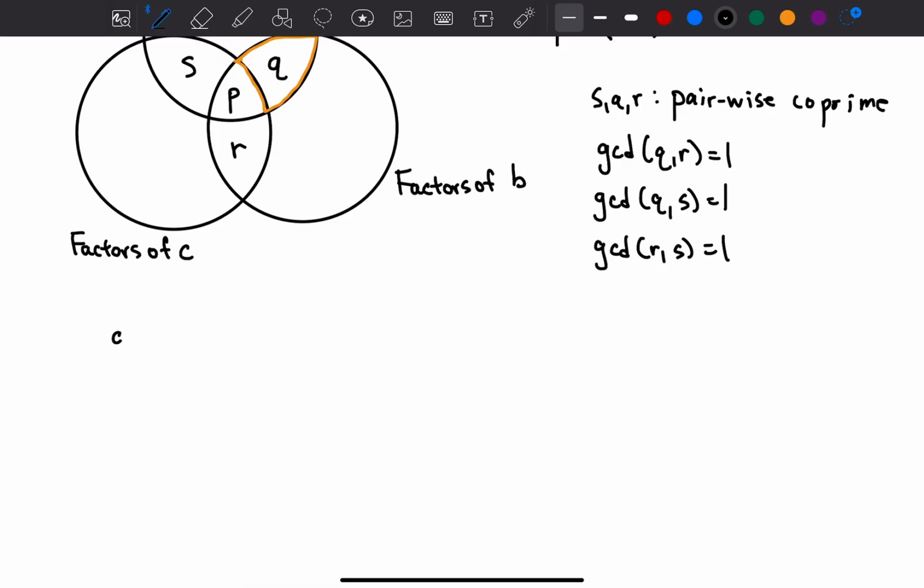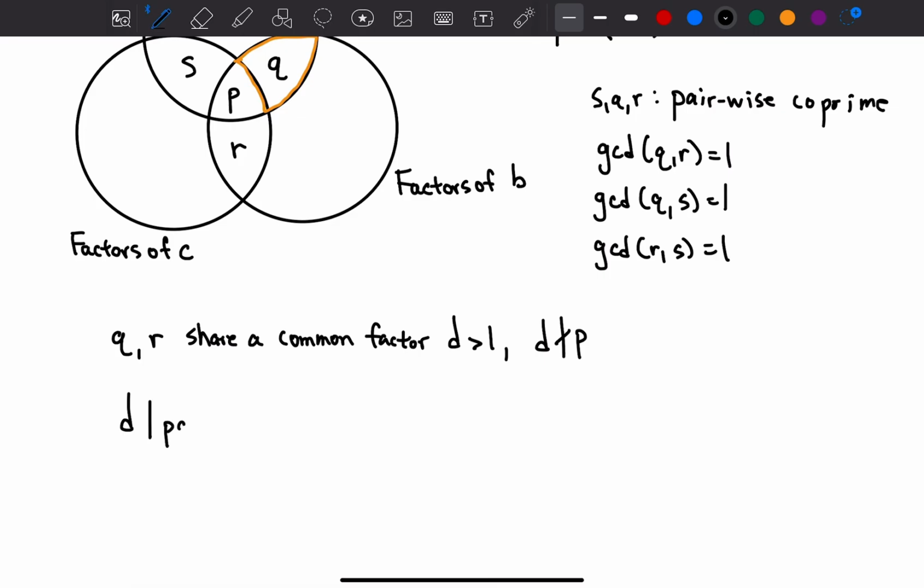So we say that Q and R share a common factor D larger than 1. And note that D is not included in P. Otherwise we don't even need D, because we could just write it in our P as a factor of P. So we can say that D does not divide P. Since D divides Q, D also must divide PQ.